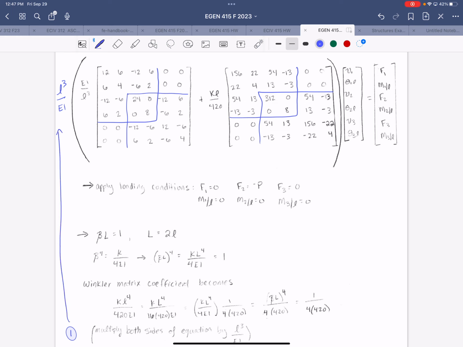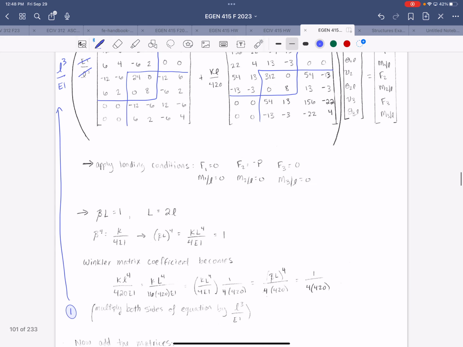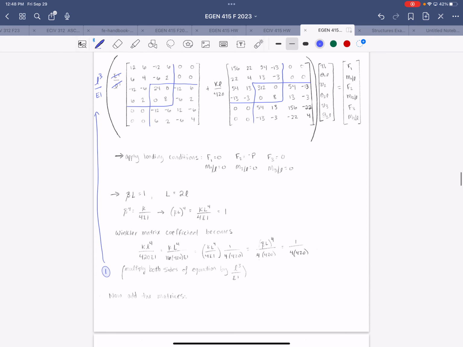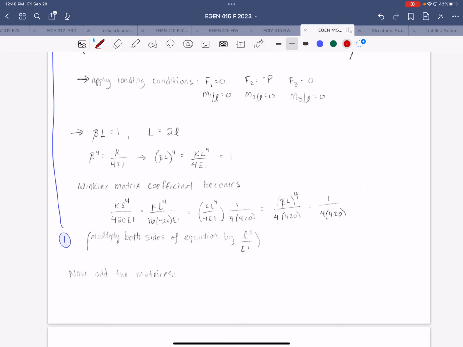Looking at the left side of the equation, that would go here. We would eliminate the term in front of our K matrix, and then in front of our Winkler matrix, let's see what that does. If we're given this information that beta L is equal to 1 and capital L, representing the length of the beam, is 2 times lowercase l, which represents the length of one element.